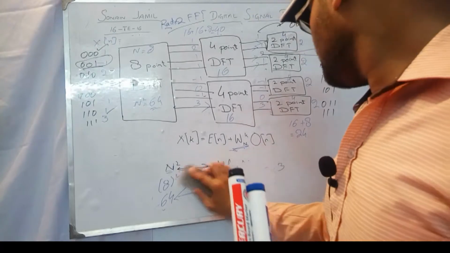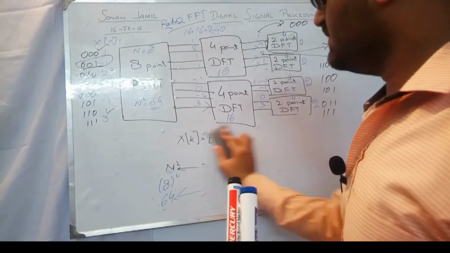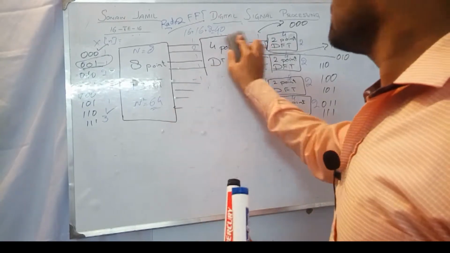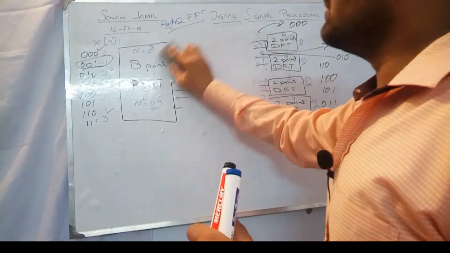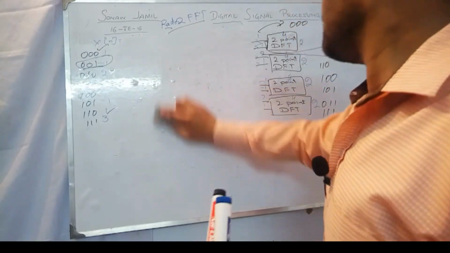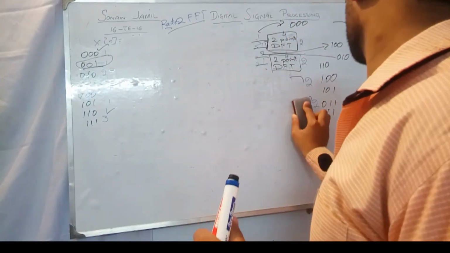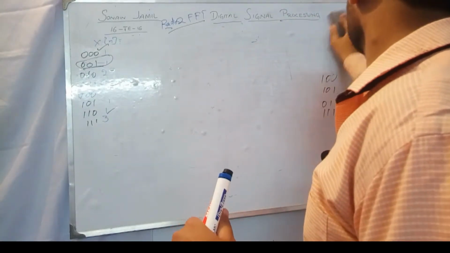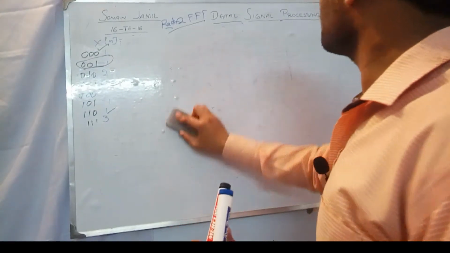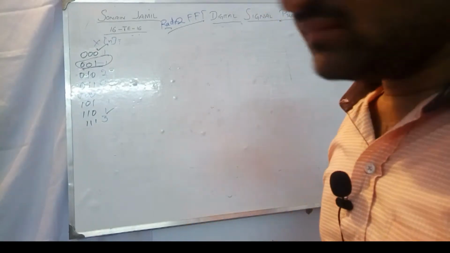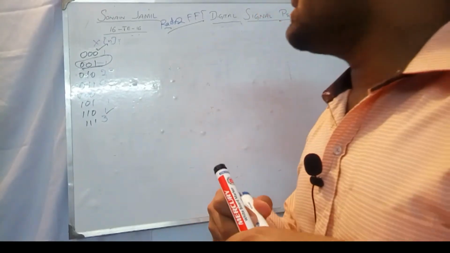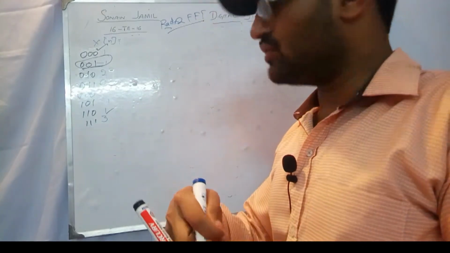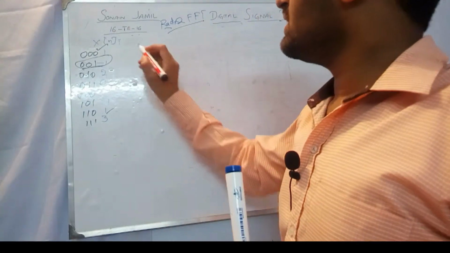So just giving you an idea how to convert this directly. Suppose we have this signal and we want to find FFT using Radix-2 method.